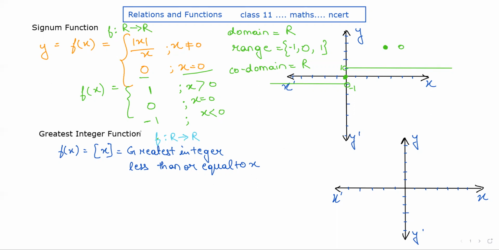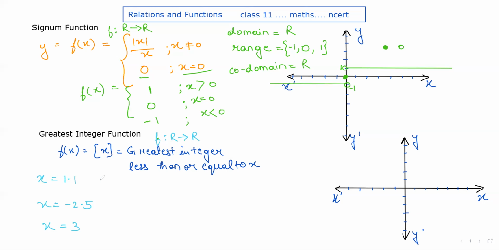Let's understand this with some examples. You can take random values of x, positive, negative, and so forth. Let's consider x to be one positive value, 1.1, one negative value, -2.5, and a random whole number, 3. You can also take -3, no issues.